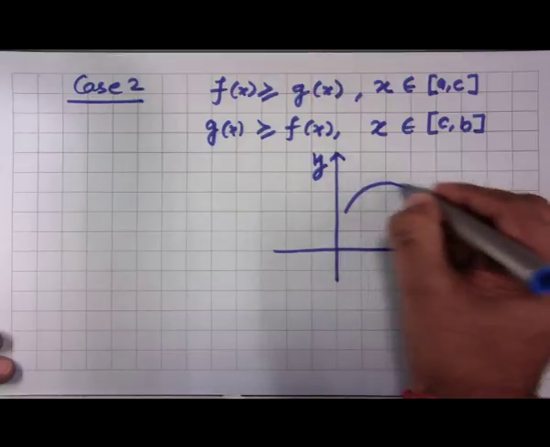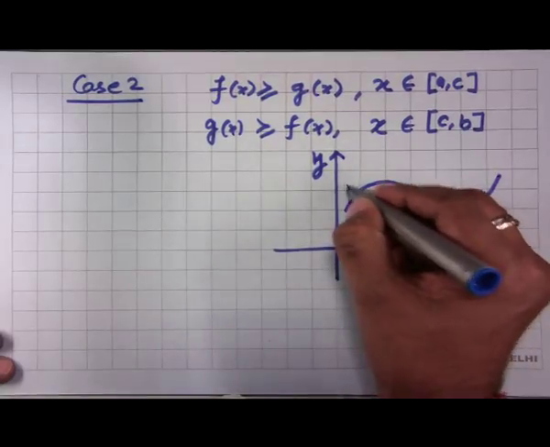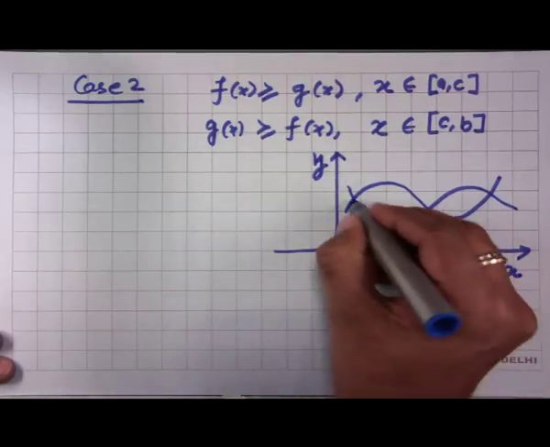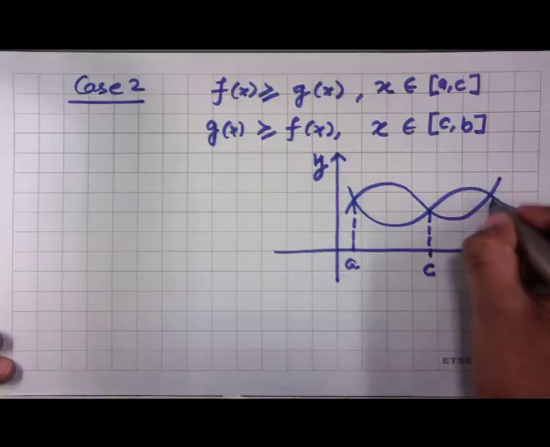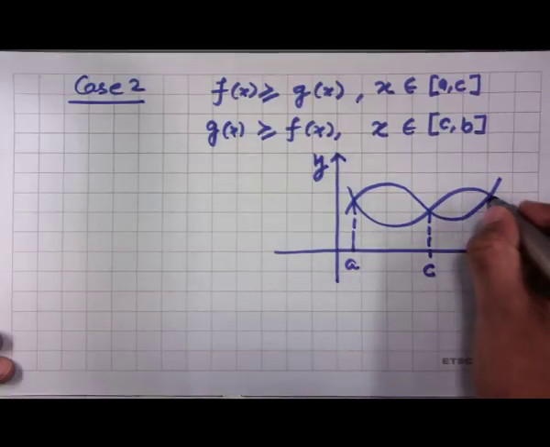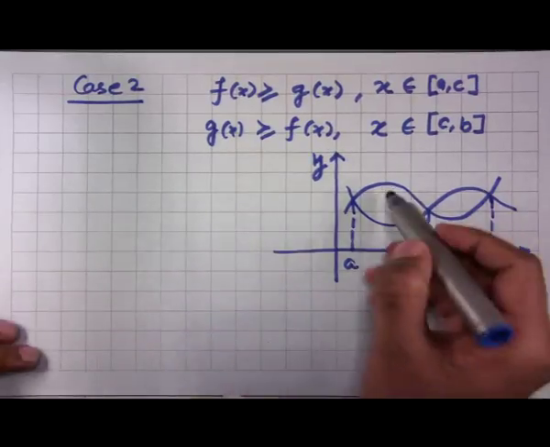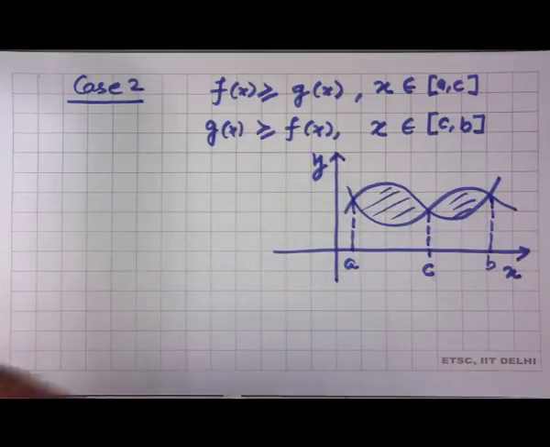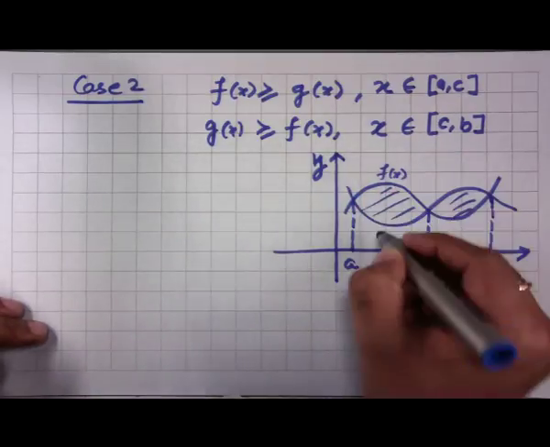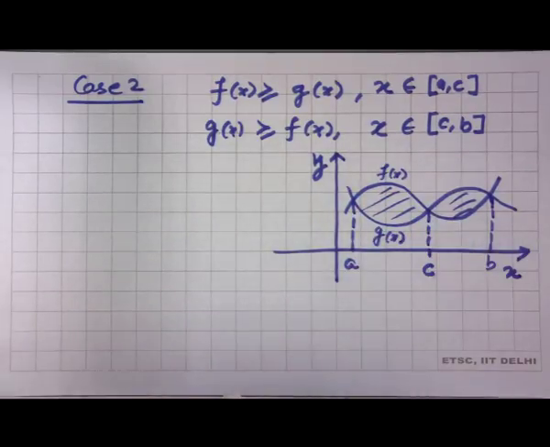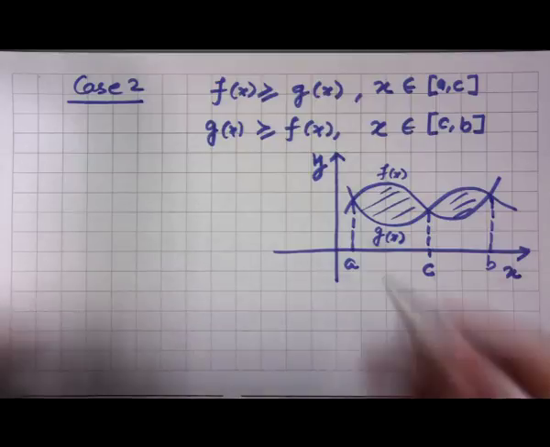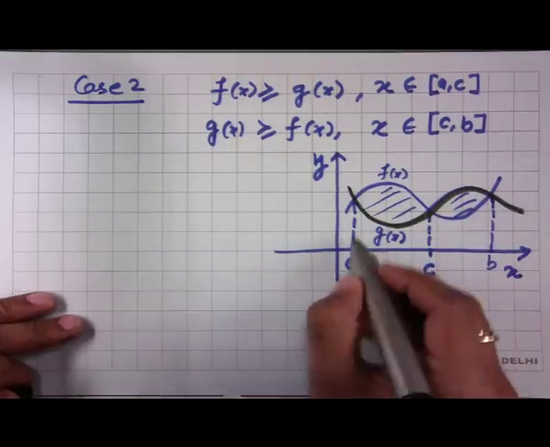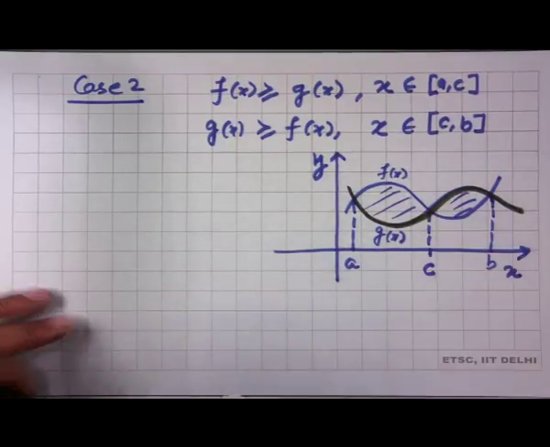So we have f(x) and g(x), this is point C, this is A and this is B, and we are looking for this area. This curve is f(x), this is g(x). Let me draw it in different colors so that it is clear to you. From A to C f(x) dominates and from C to B g(x) dominates.